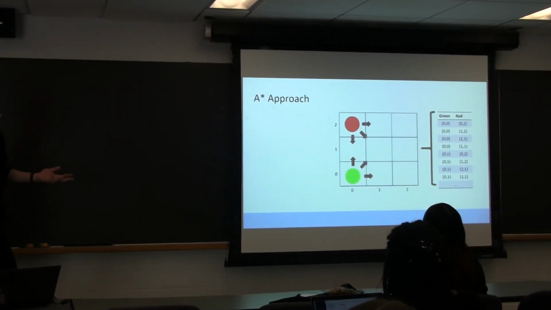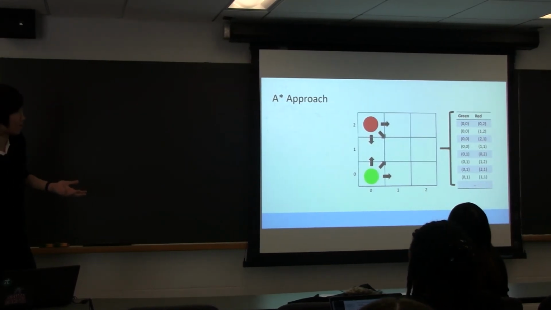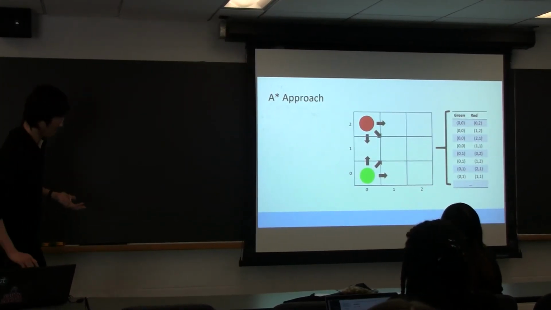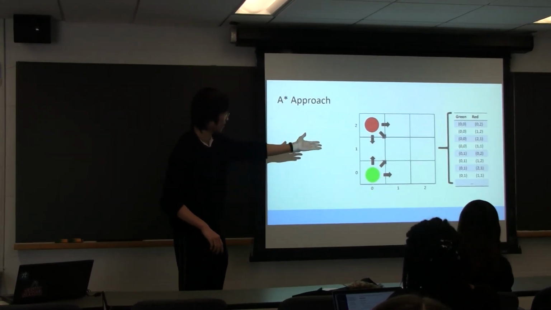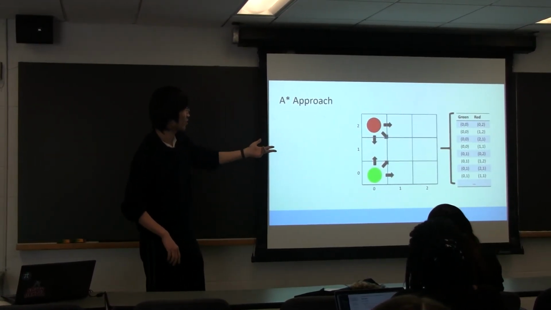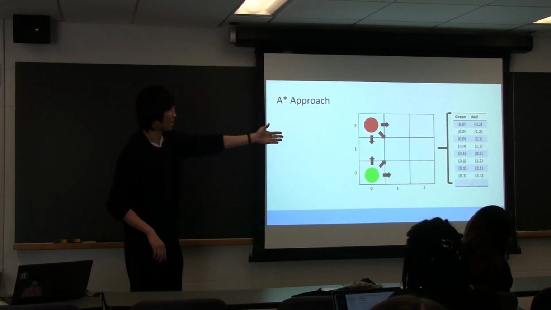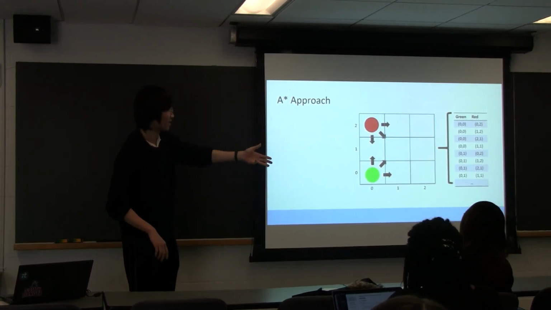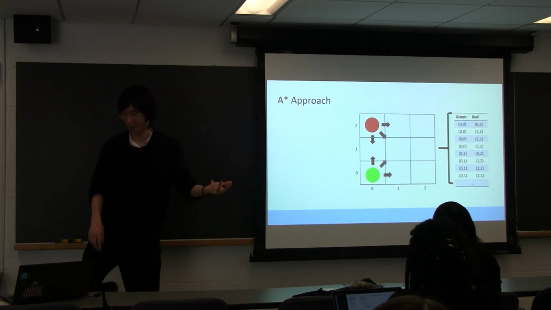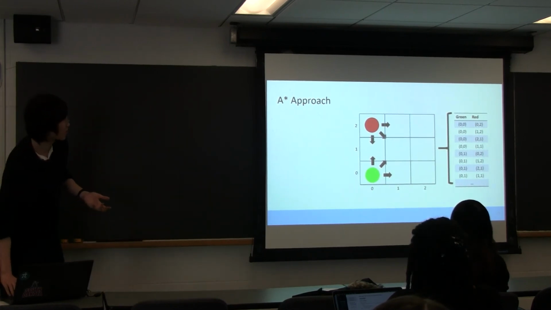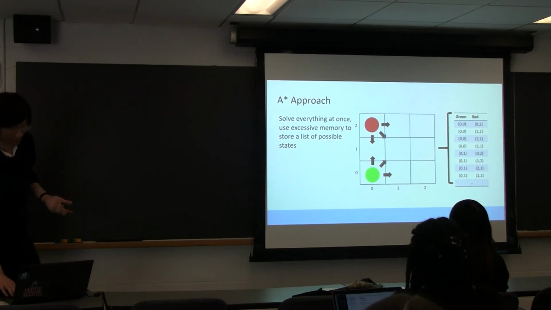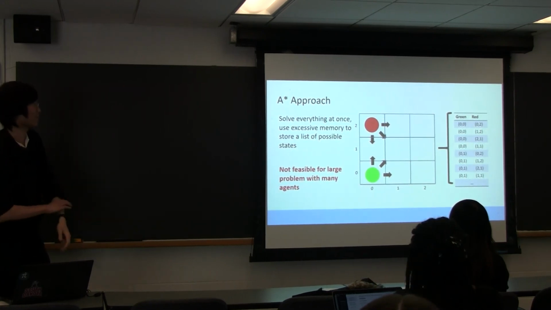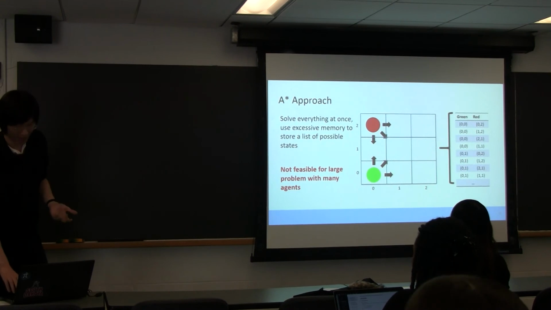And the problem with the A-star approach, as Andrew introduced, is that if we allow the agent to move straight and diagonally, then for each agent there are 4 moves. On the table on the right, you can see that it's almost like a permutation, a large number of combinatorials. If we solve everything at once, we basically run out of memory. So it's not a feasible solution to solve many agents at the same time.